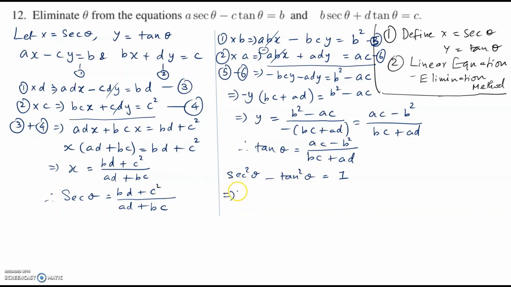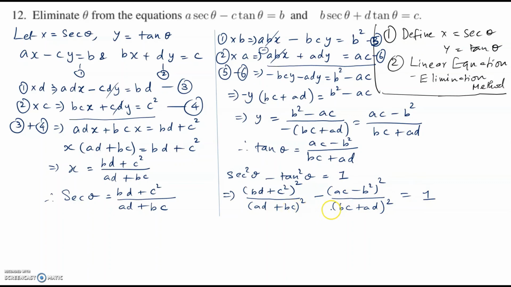So this becomes bd plus c squared divided by, denominator is ad plus bc, the whole squared, minus for tan theta it is ac minus b squared, the whole squared, divided by bc plus ad, the whole squared, and this is equal to 1.